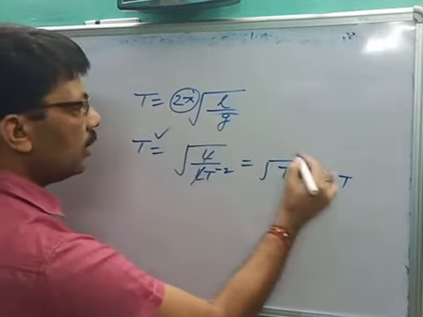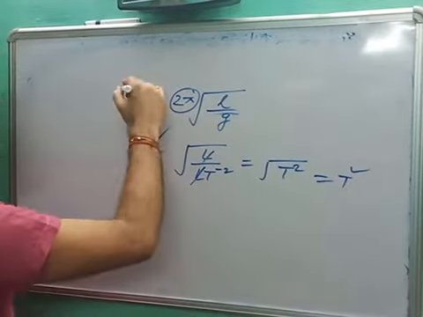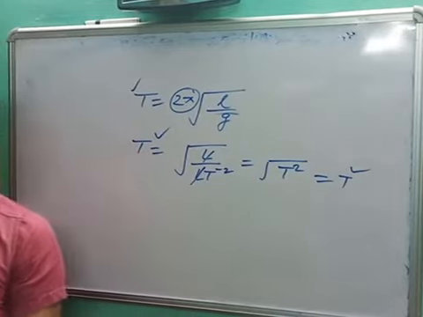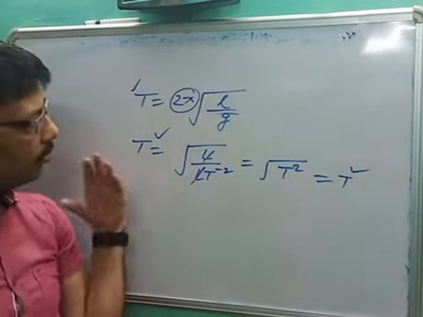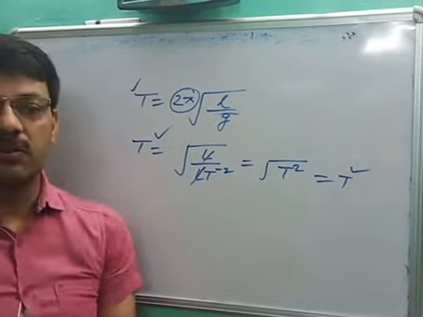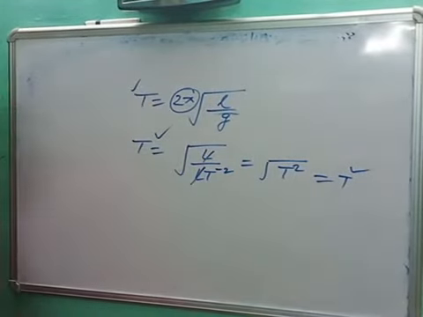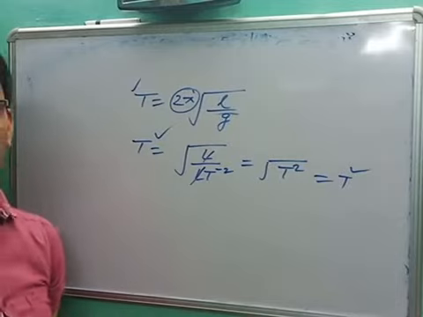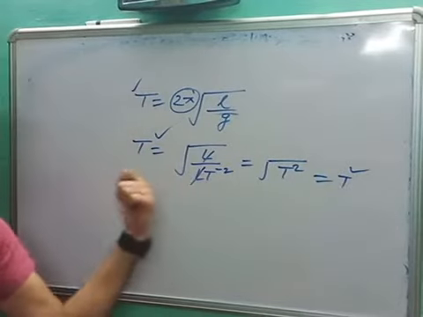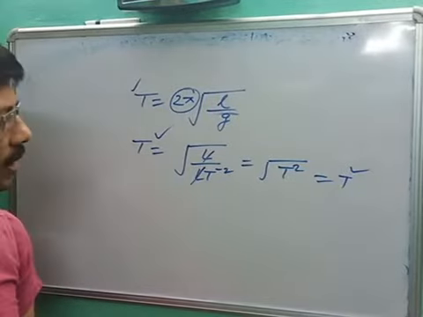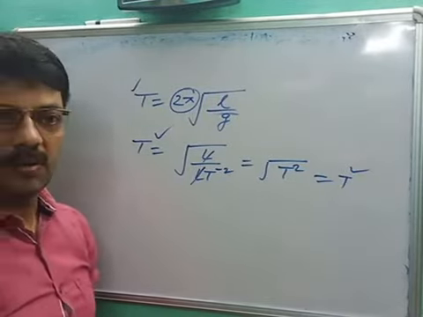It means t is equal to t and the given formula was correct. To confirm whether a formula is correct or incorrect, you need full knowledge about dimensional formula because we are studying applications of dimensional formula. Are you getting all these points? This is the first application of dimensional formula, to check the correctness of a dimensional formula.